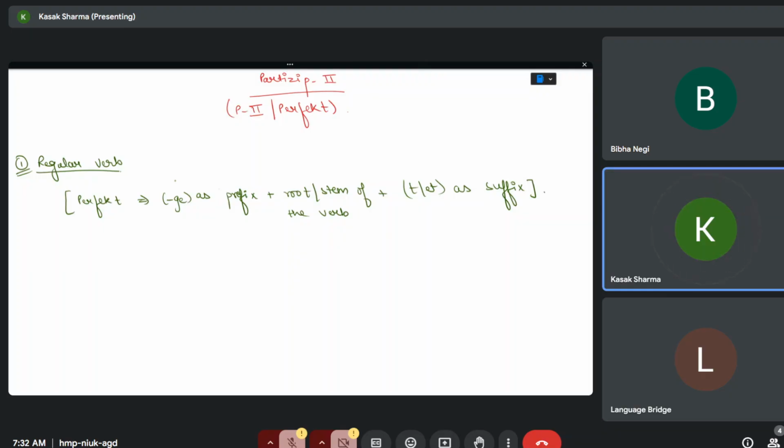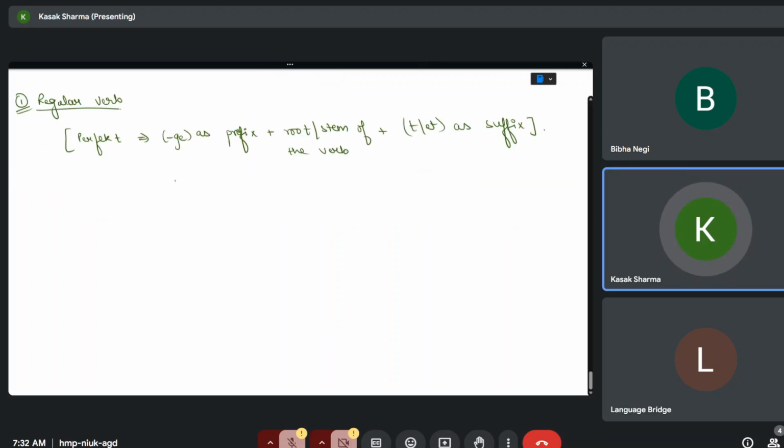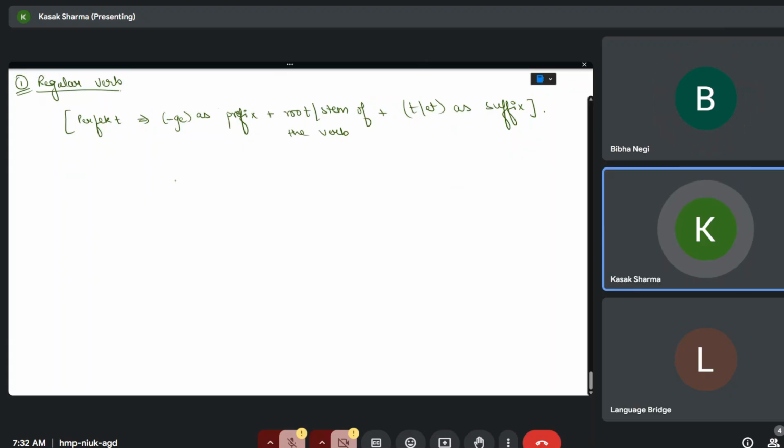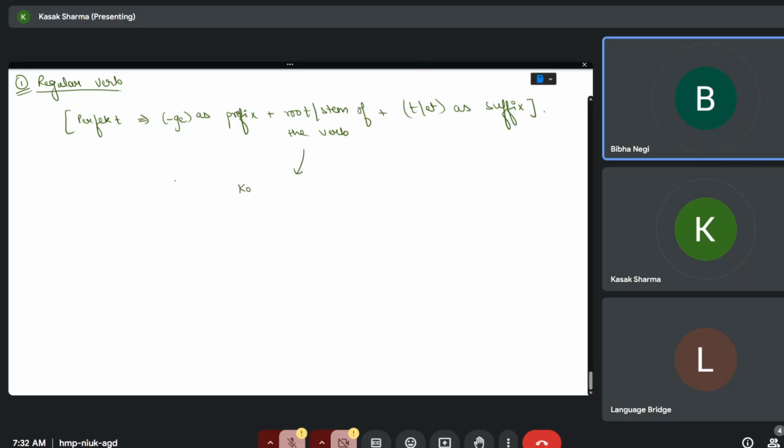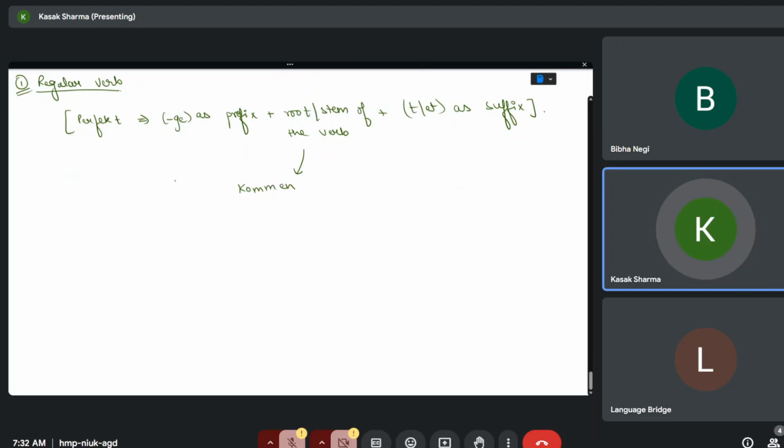Now coming to this root and stem of the verb, are you clear with this? When we did conjugations, I told you en is the ending, and the remaining part which is left is the root or the stem. Like komm-en, this is the verb.